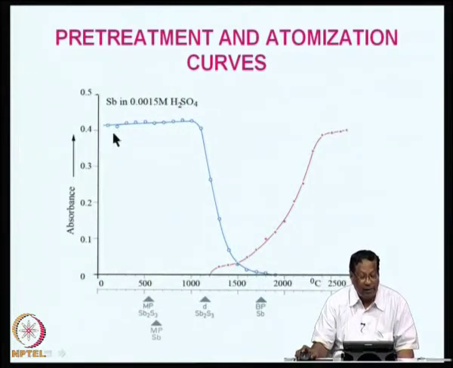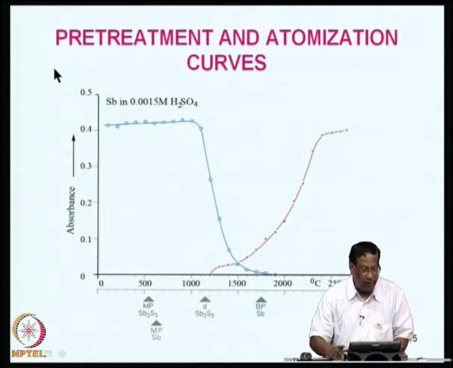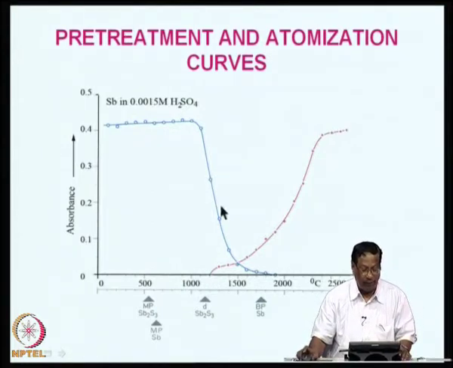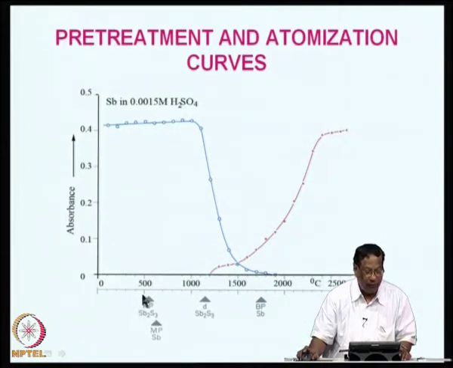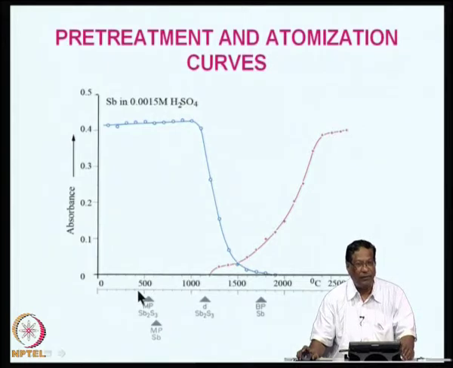This is for antimony. You can see that the different temperatures have been indicated for this. It is possible to determine the specific temperatures. For example, here I have written that this 500 degree centigrade matches with the melting point of antimony sulphide, Sb2S3.